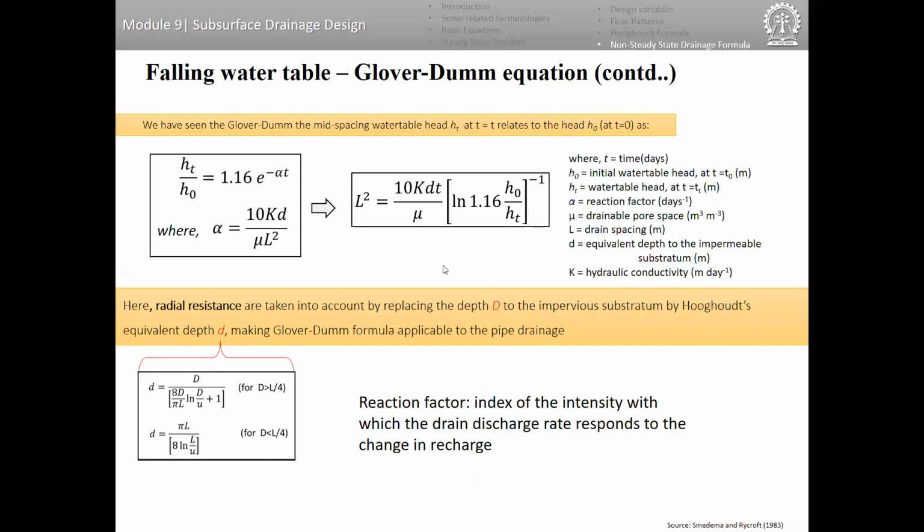Another important thing to notice is that we are using the equivalent depth, not the total depth, so that the radial resistance is also taken into account.